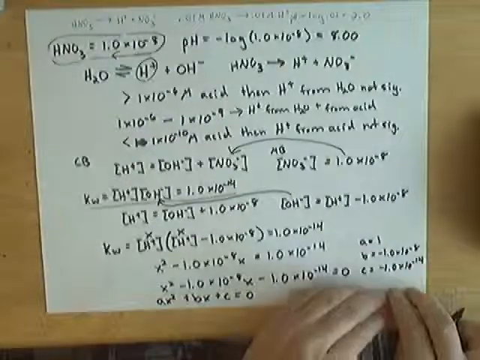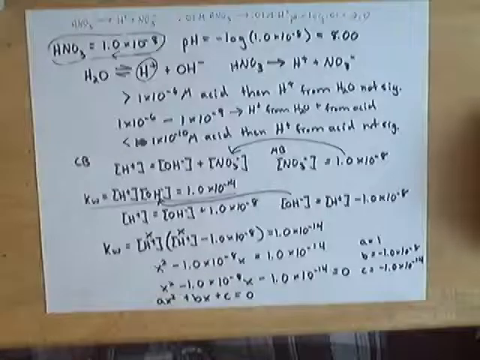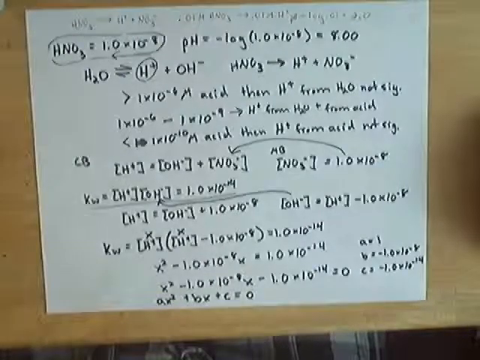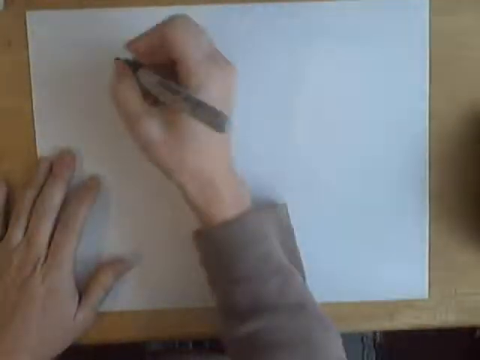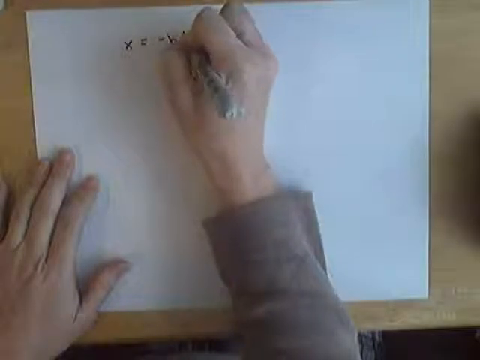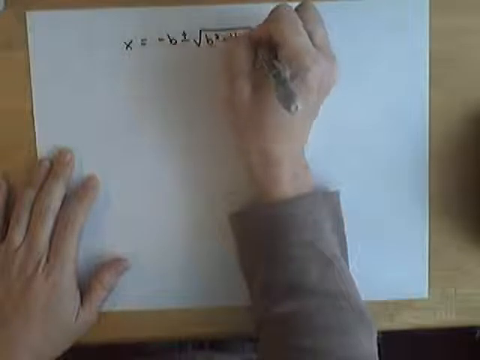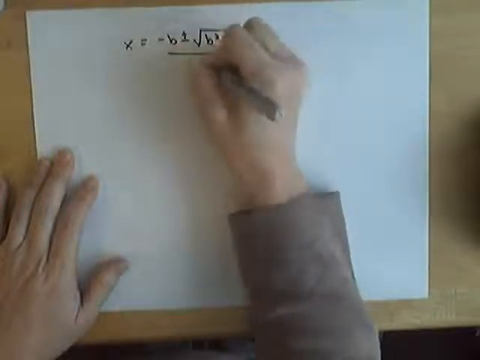All right? So now we have one equation, one unknown. It's the general form of the quadratic. All we need to do is solve, and I'm going to move over to another piece of paper for that. So the way the quadratic equation works, x equals negative b plus or minus the square root of b squared minus 4ac, over 2a.